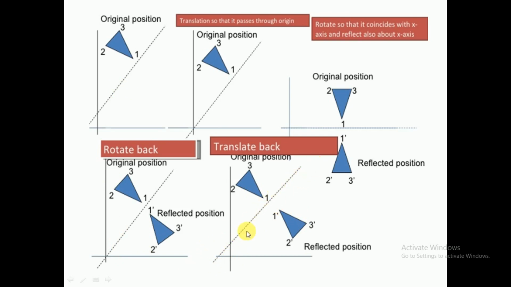But to do this, what have you done? Translated, rotated, then taken a reflection, re-rotated, then retranslated. Then you will feel that you have reflected about some arbitrary axis, that is y equal to mx plus b. Right?